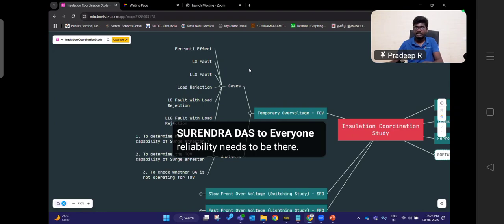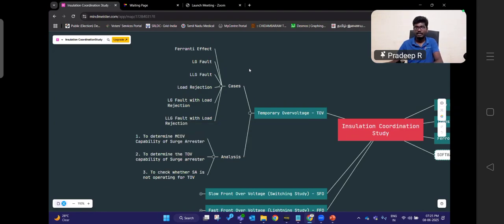In simple terms, it will go to 1.05 per unit or 1.06 per unit. That voltage range will not affect the proper operation of the system. That is acceptable.